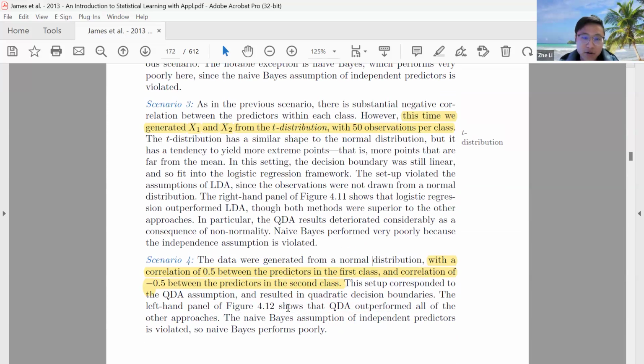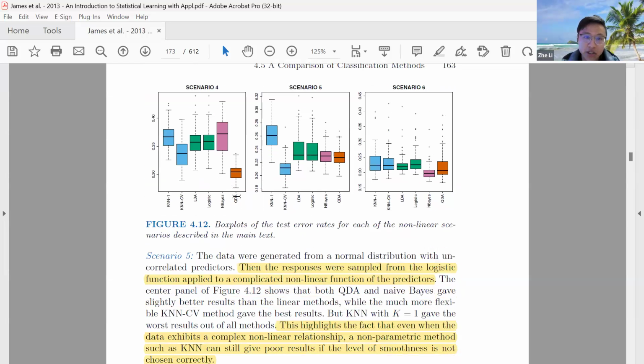In this setup, QDA performs the best because the variance across each class is not equal. So in this scenario, QDA is the best model we can choose.